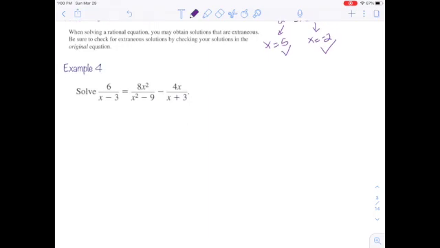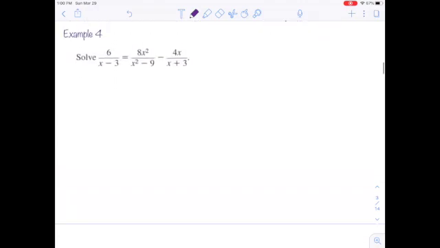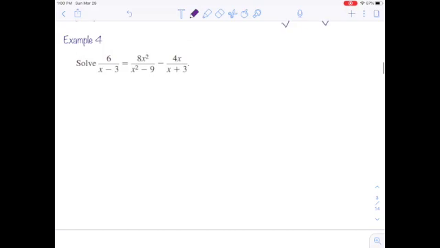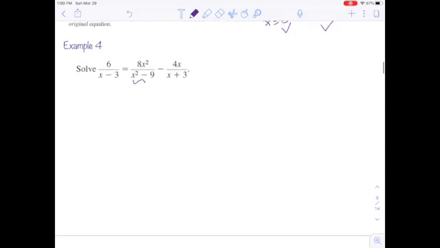Here is where we're going to get into some extraneous solutions. So some of these get complicated. You'll take care of everything if you're just checking your answers. All right. So 4 is as ugly as it can possibly get for you. Take a look. You've got 6 over x minus 3.